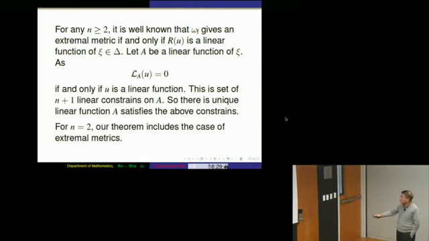Because LA(U) equals 0 if and only if U is a linear function, this is a set of n plus 1 linear constraints on A. So there is a unique linear function A satisfying the above constraints. For n equal to 2, the above theorem includes the case of extremal metrics. So we can use this.